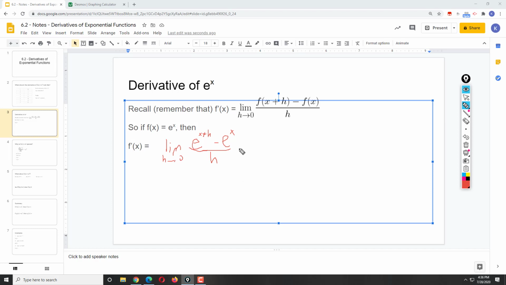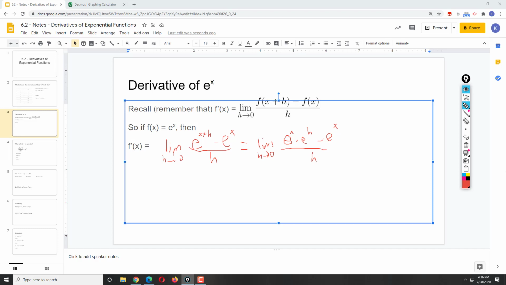Now remember our rules of exponents. E to the x plus h power is just e to the x times e to the h. Okay, and then the rest of the derivative is minus e to the x over h.